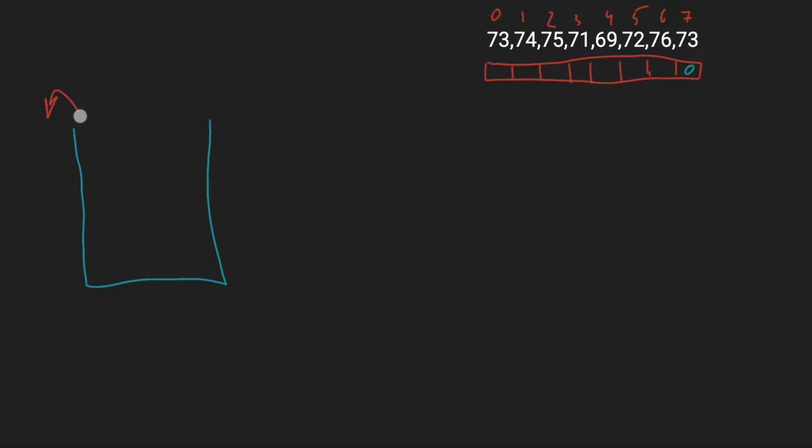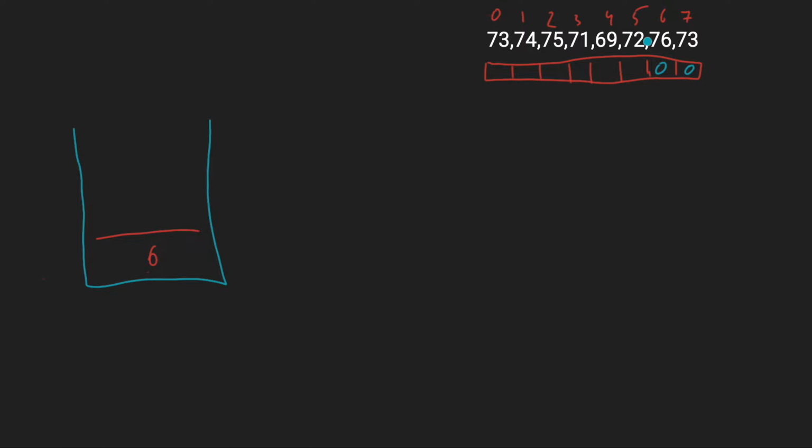We set the value to 0 here because there won't be any day that is warmer than 76.